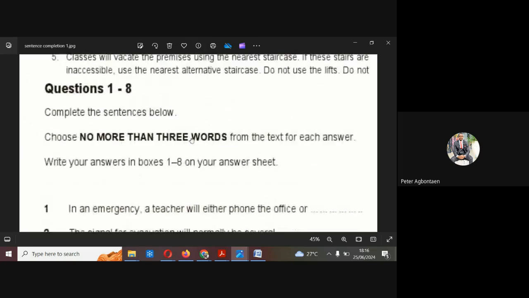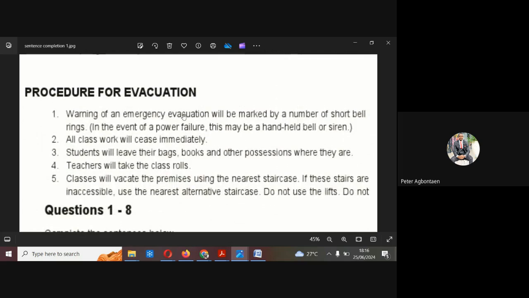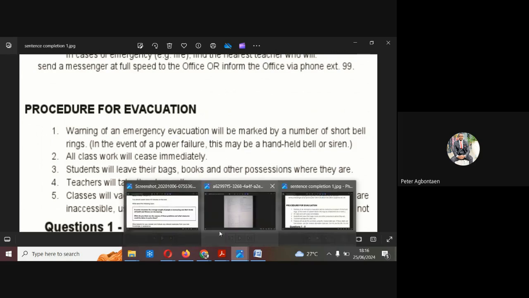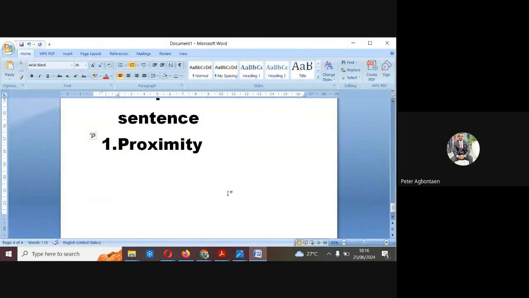There's teacher here. We cannot find teacher close to the emergency evacuation. Now, another keyword in the question is phone the office. We read this environment, we can't find anything like phone the office. So that should be a red flag. So ensure that whatever you want to choose as the answer to a question, I repeat, is surrounded by the synonyms of the keywords in the question.